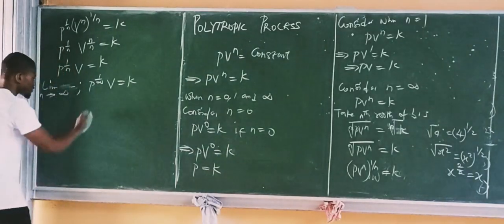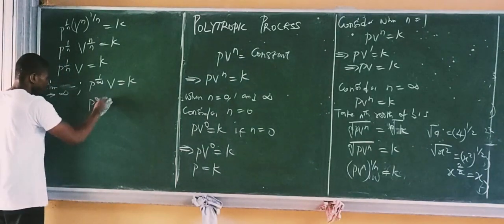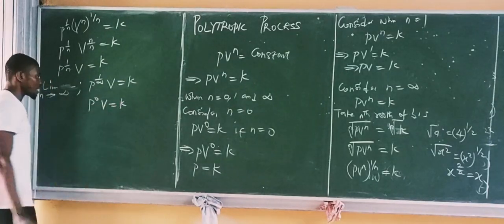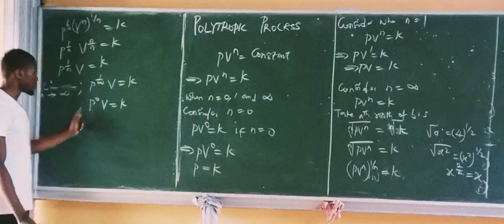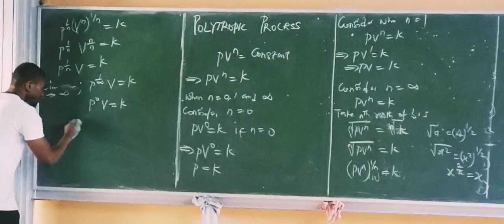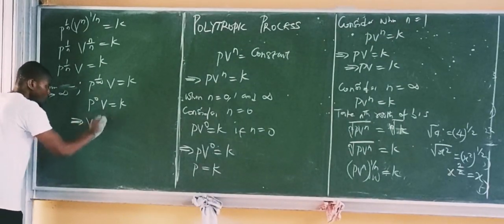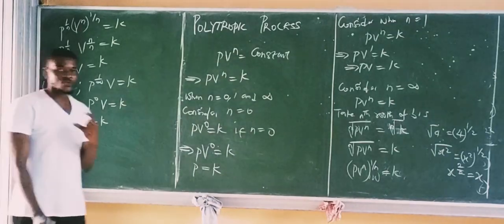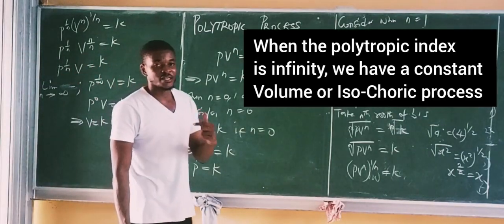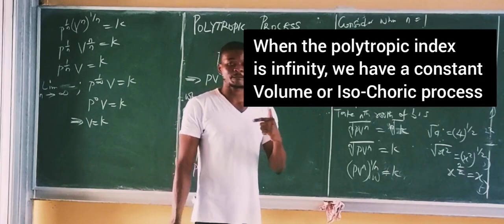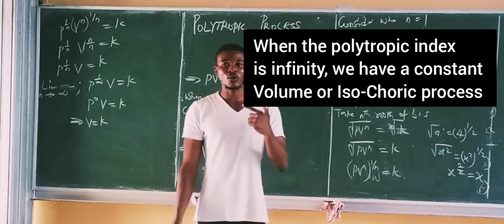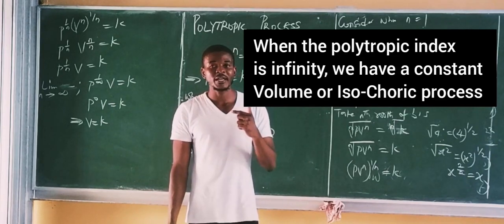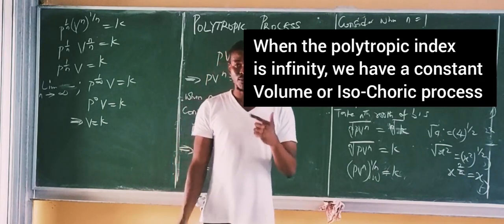So we are simply going to have P to the power of 0 times V is equal to K. And any variable to the power of 0 is always 1. So P to the power of 0 is 1. So this simply implies that we have V to be equal to what? Constant. So volume is constant. So when the polytropic index is infinity, then we'll have a constant volume process. And a constant volume process can also be called an isochoric process.